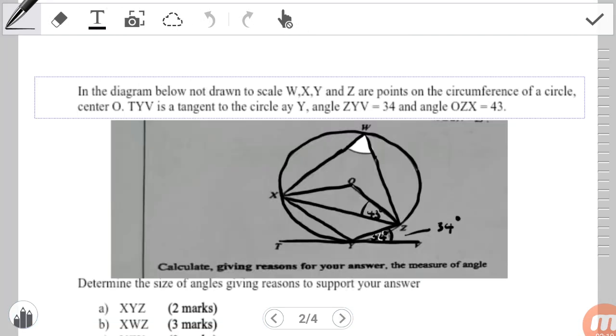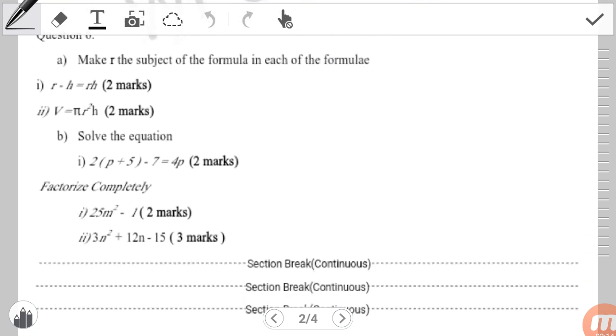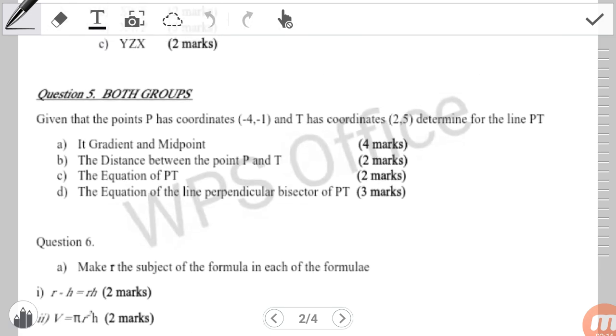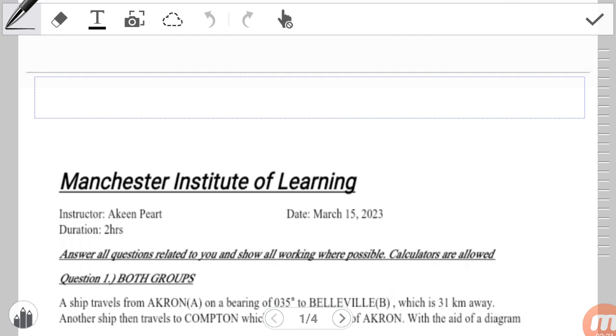On the other page we would have had some circle theorems, gradient, midpoint, and factorization. So this is going to be quite an interesting video. Stay tuned, because this video brings out a lot of concepts related to CXC exam structure type questions. So here we go, let's jump right into the video.